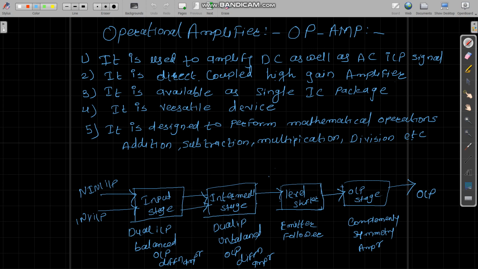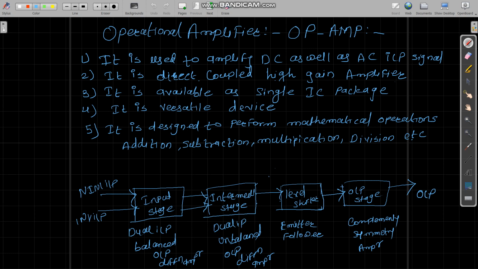And then what do we mean by dual input and balanced output? As we know, a differential amplifier consists of two transistors. When the inputs are applied to the base terminals of both the transistors, we call it dual input. If only one input is provided to any one of the transistors, we call it a single input.